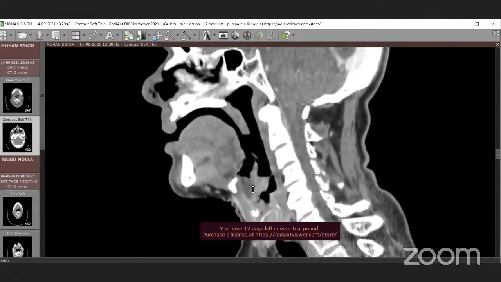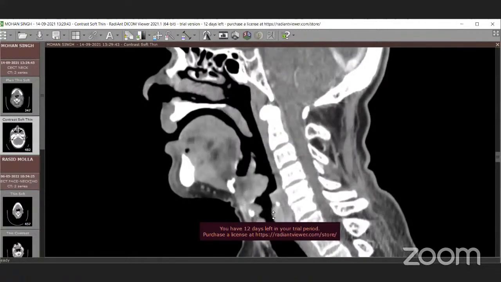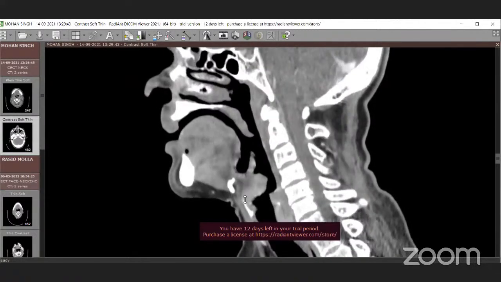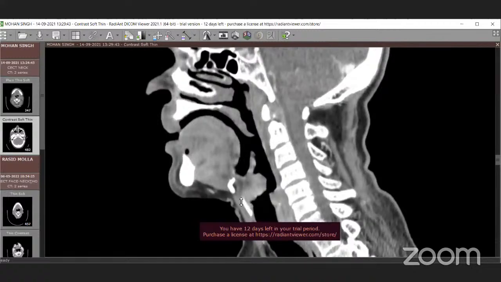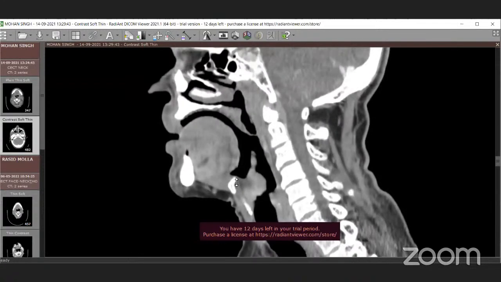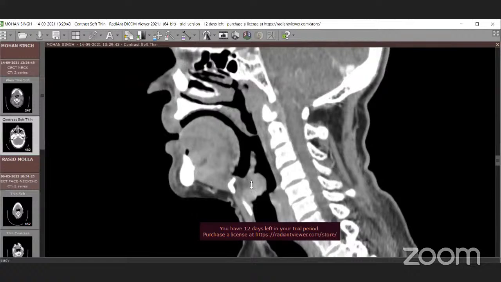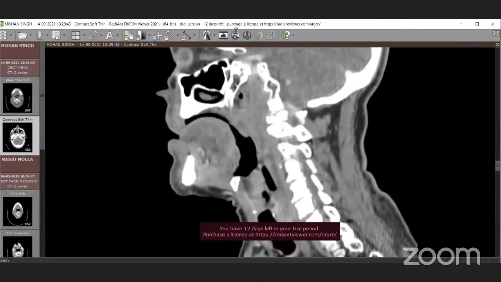Okay, so how do we define it? It is between the hyoid, the hyoepiglottic ligament, and the tip of the epiglottis, which inserts onto the thyroid cartilage. The fat plane in between these is the pre-epiglottic fat plane.